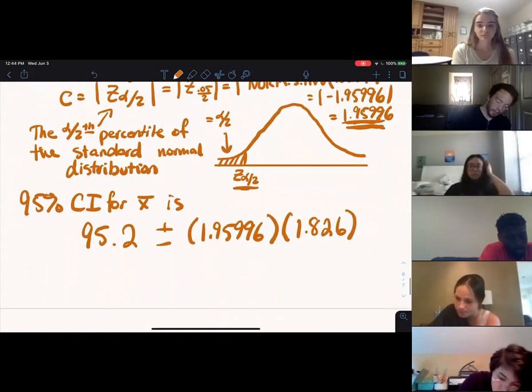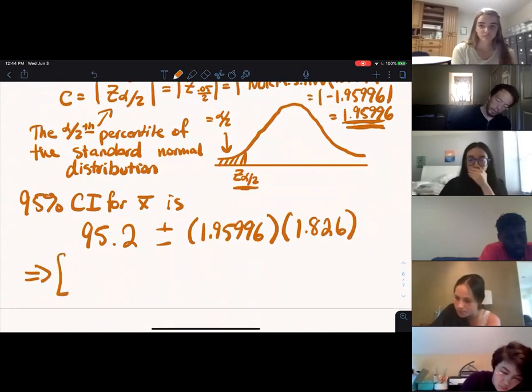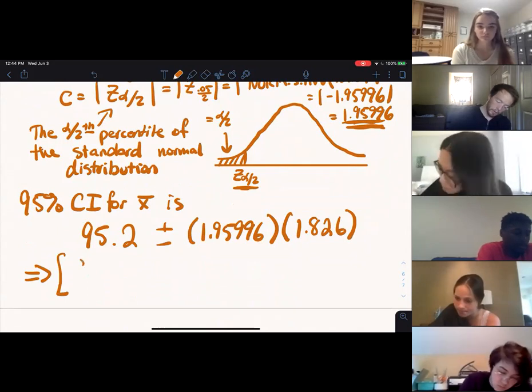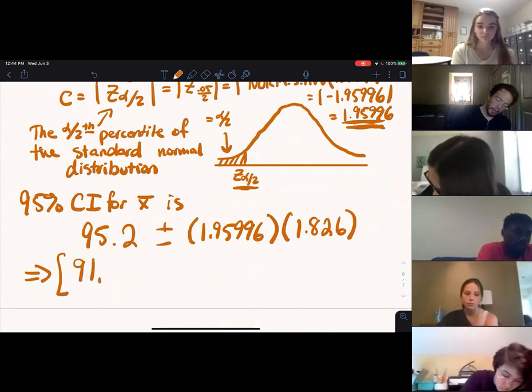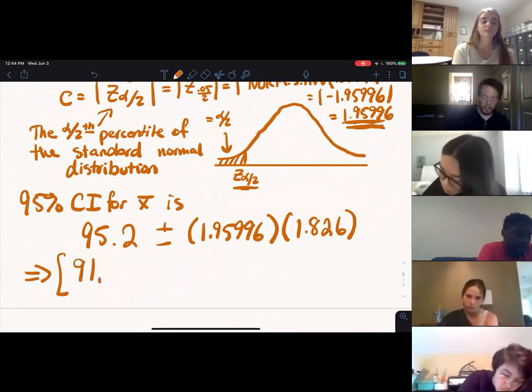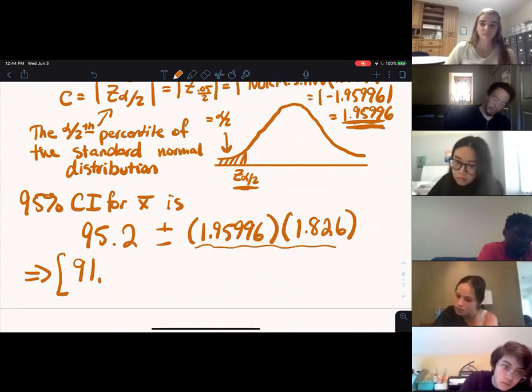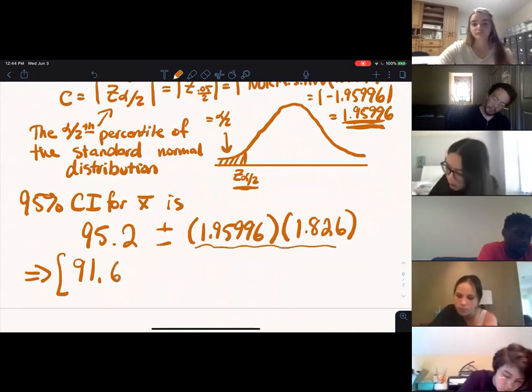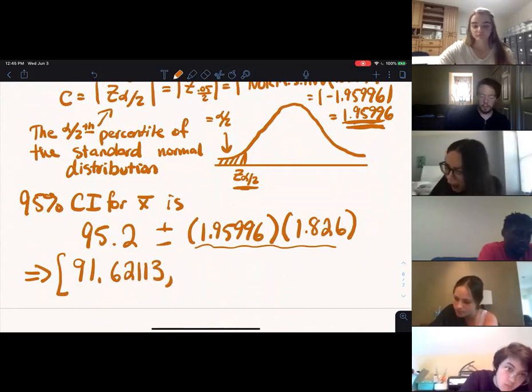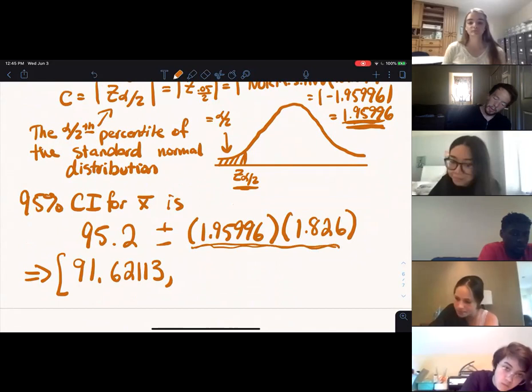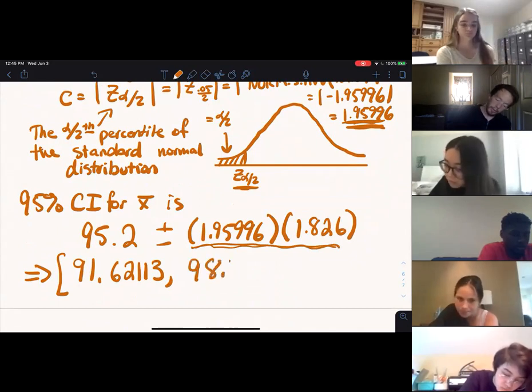And this is going to give me a range of plausible values. So I think I went in and calculated this: 95.2 minus everything over here is 91.62113, and 95.2 plus everything over here is going to be 98.77889.